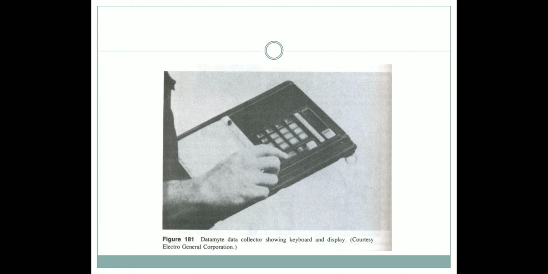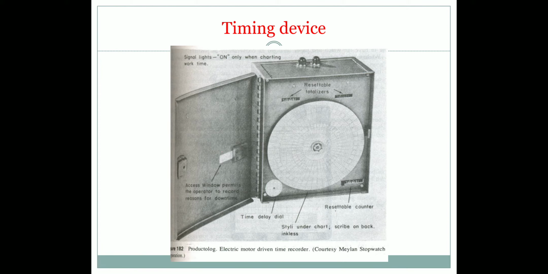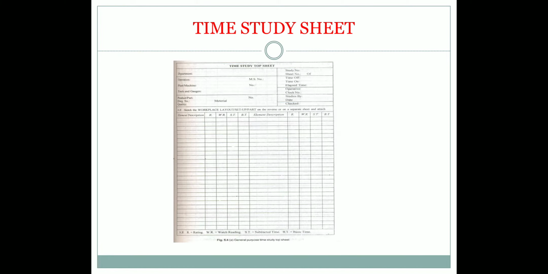Next, a data collector showing the keyboard and display from Electro General Corporation. Next is also an example of a product log, or electric motor driven time recorder. These are the old examples.